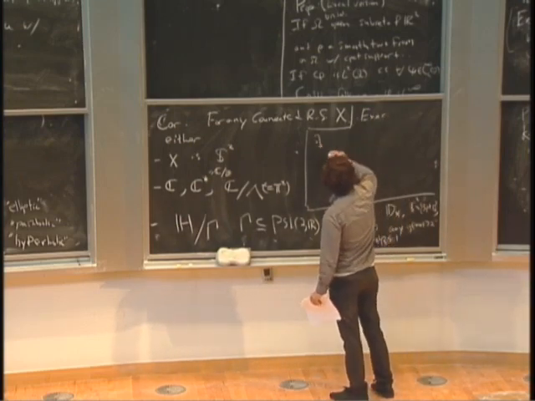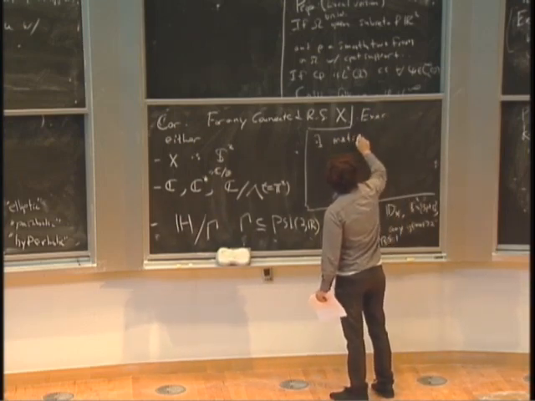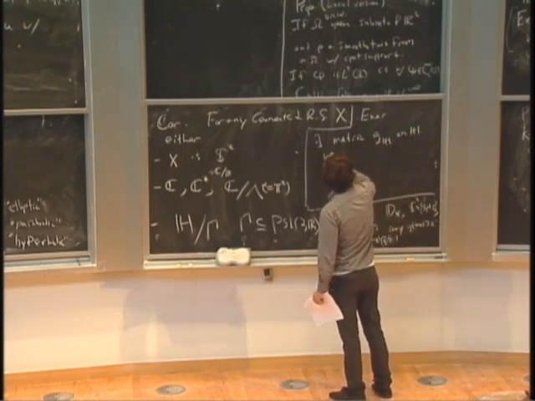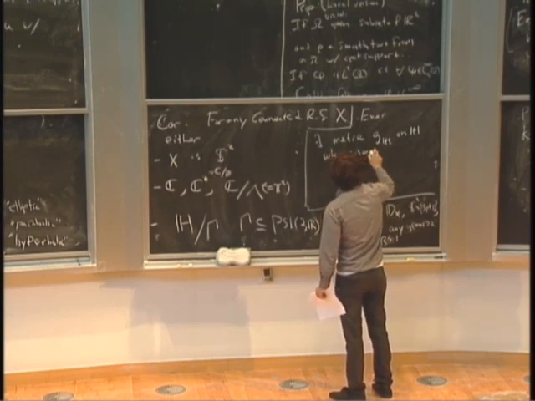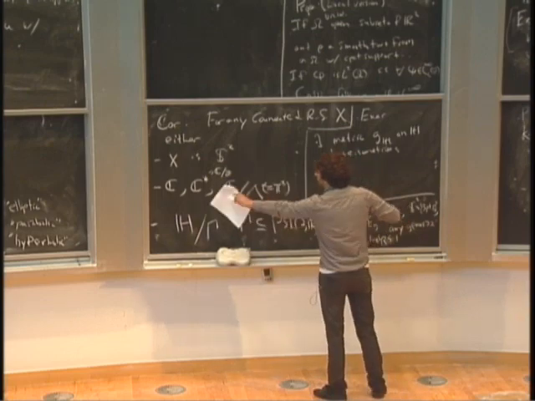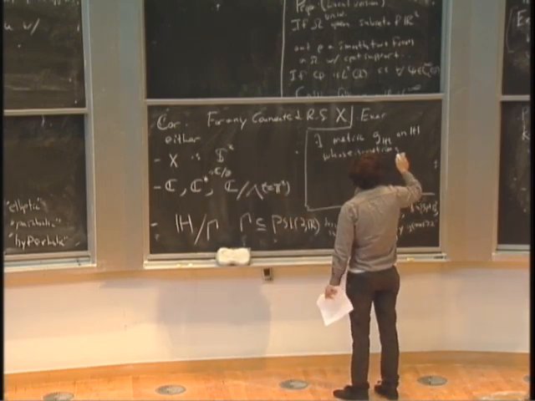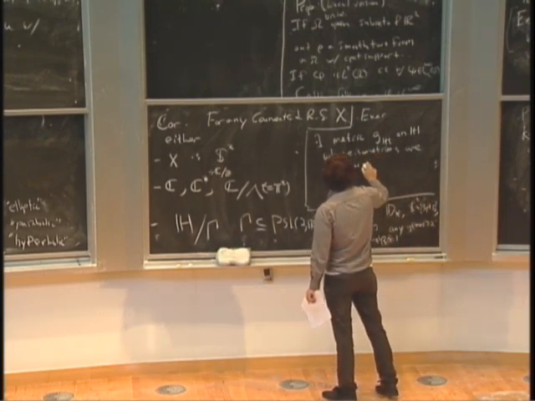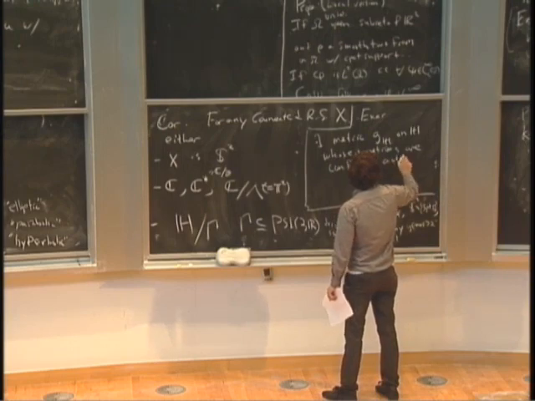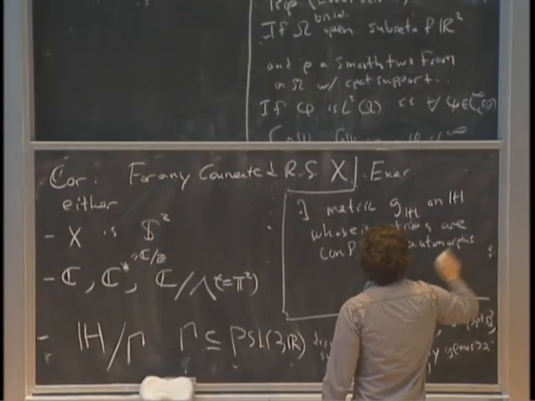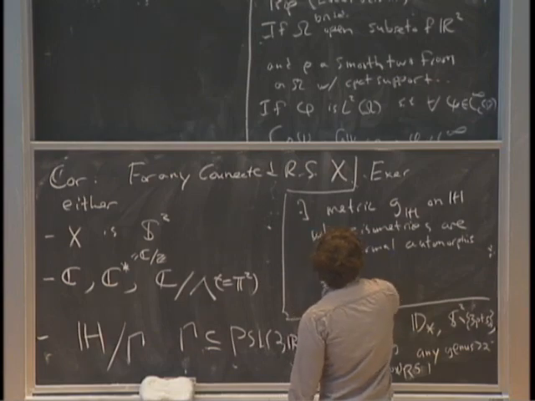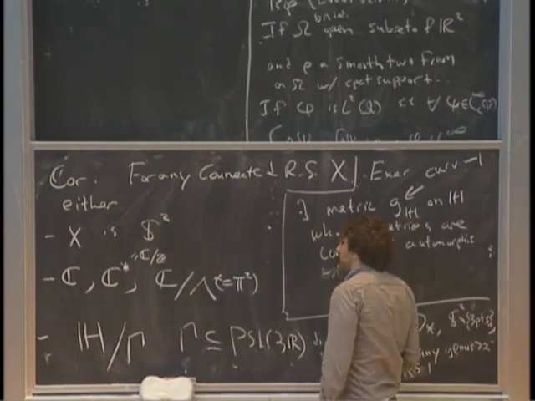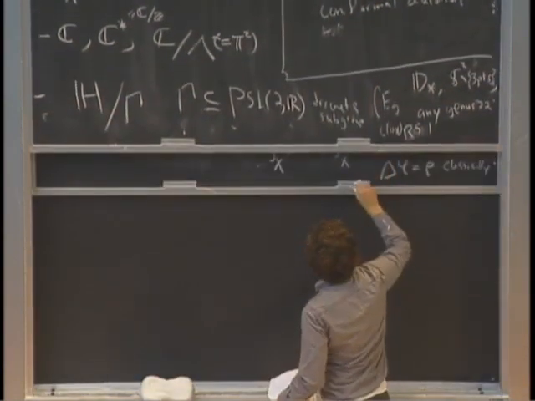There exists a metric G_H on H whose isometries, and we know these act by isometries of the standard metric on C, but whose isometries are the conformal automorphisms, and this metric G has curvature minus 1. This is something to check, but it's not hard.